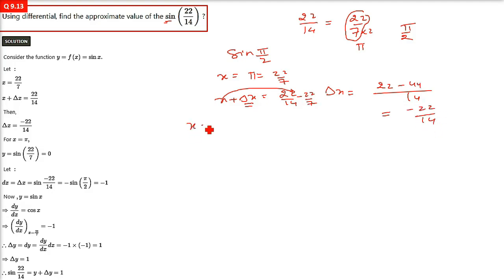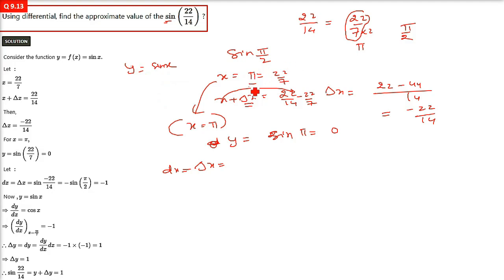Now x is equal to pi, y is sine x, this is our function. As we have assumed x as pi, we have to find out the value of y at this x. So y is equal to sine pi, and you know sine 180 degrees is 0. It's already known to us. And then delta x, we have to find out the value of delta x.